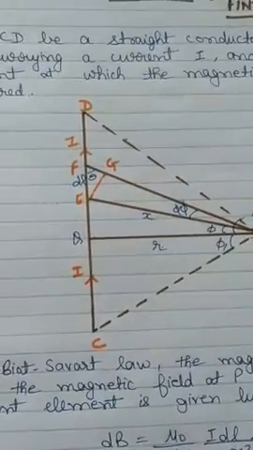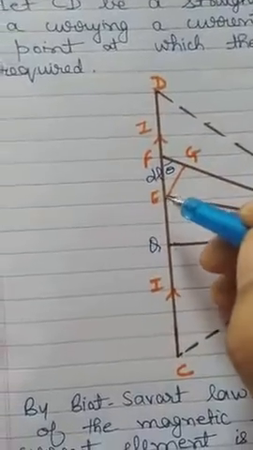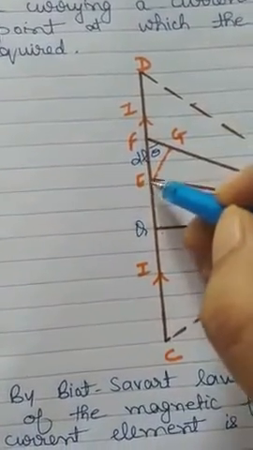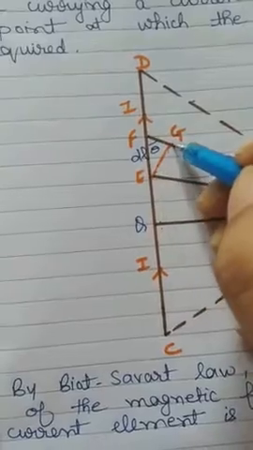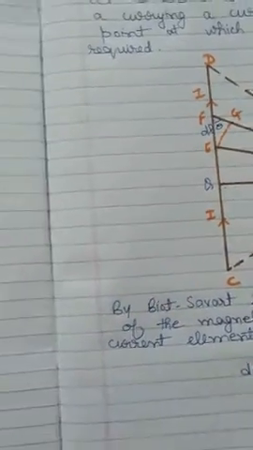So in triangle EFG, sin theta will be equal to perpendicular by hypotenuse, EG by EF.